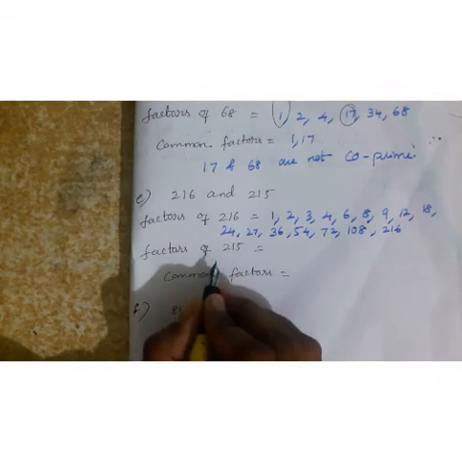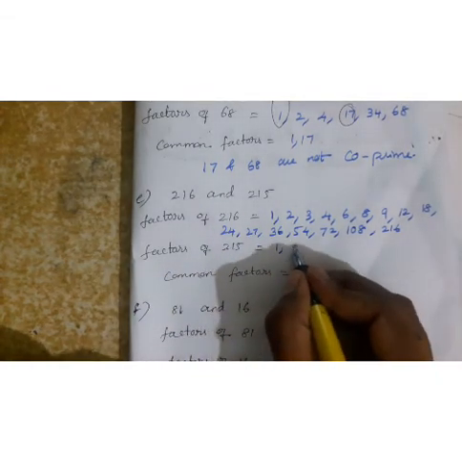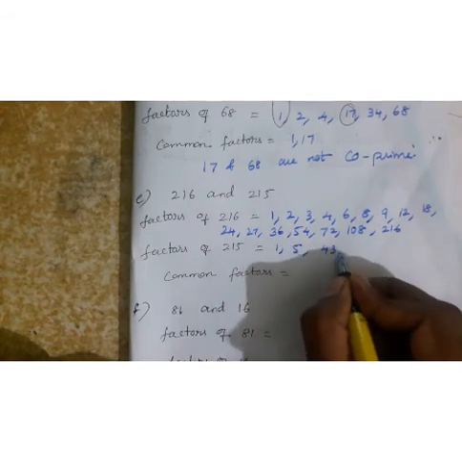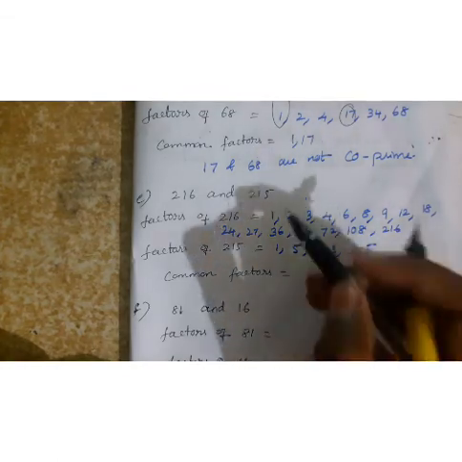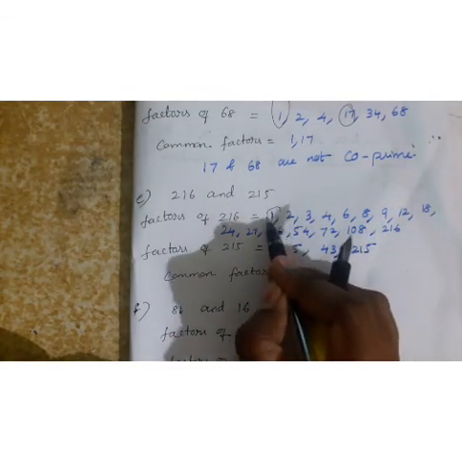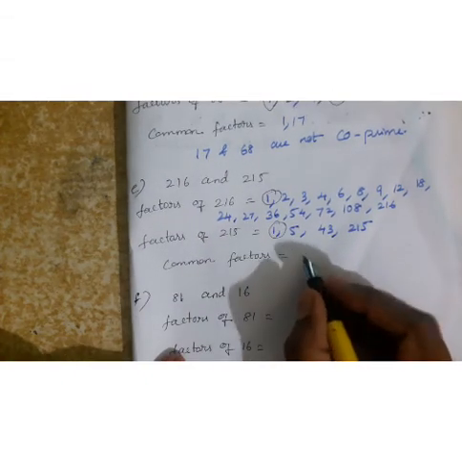Factors of 215 equal to 1, 5, 43 and 215. So here the common factor is only 1.